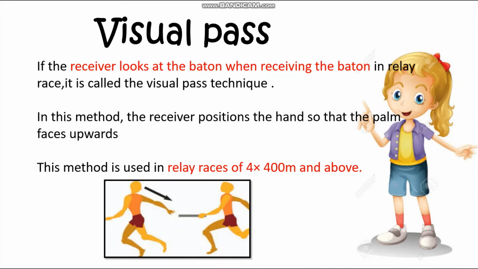Visual pass. If the receiver looks at the baton when receiving the baton in a relay race, it is called the visual pass technique. In this method, the receiver positions the hand so that the palm faces upwards.